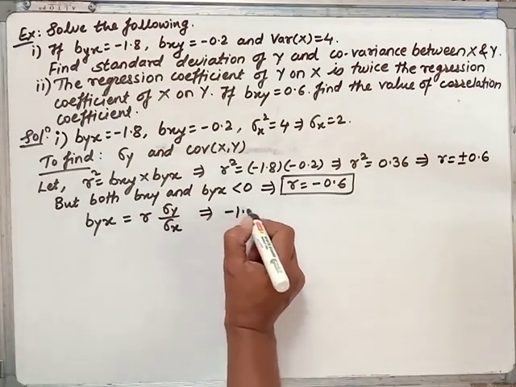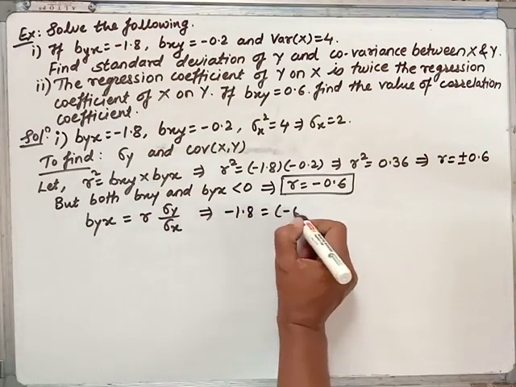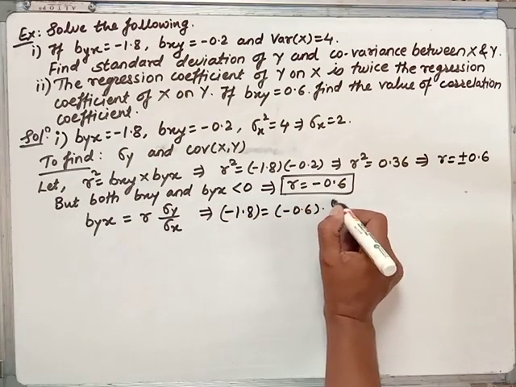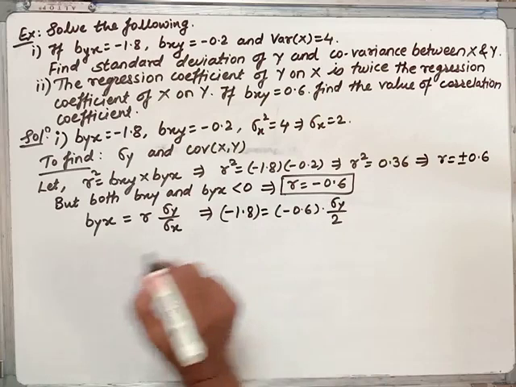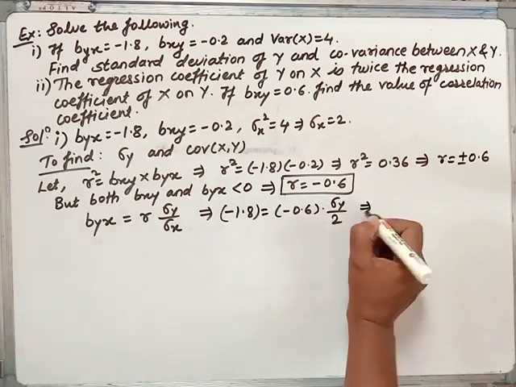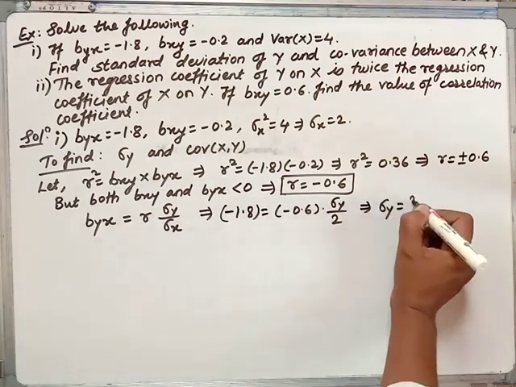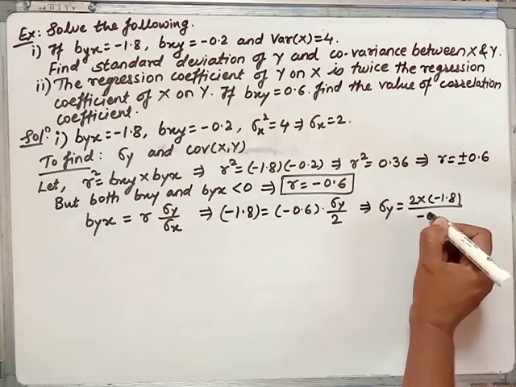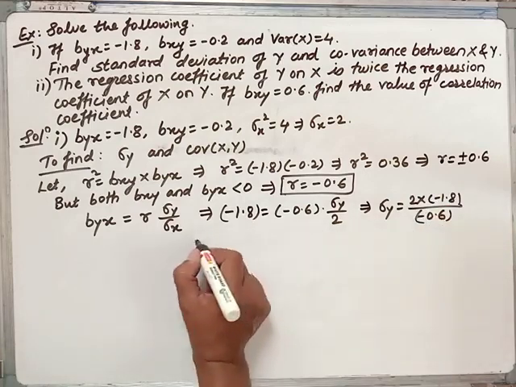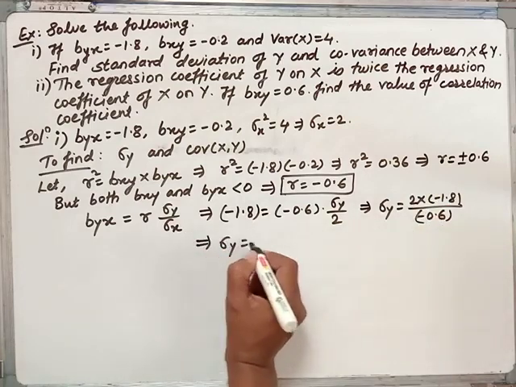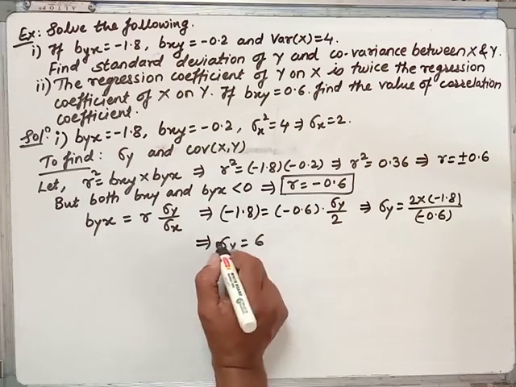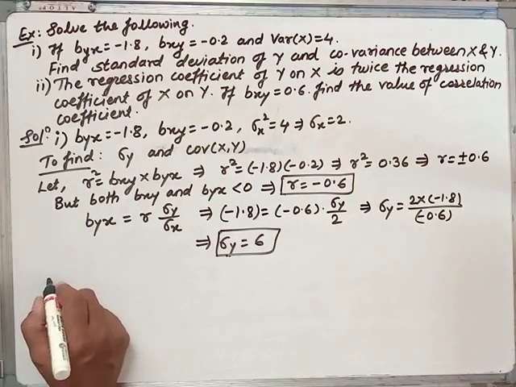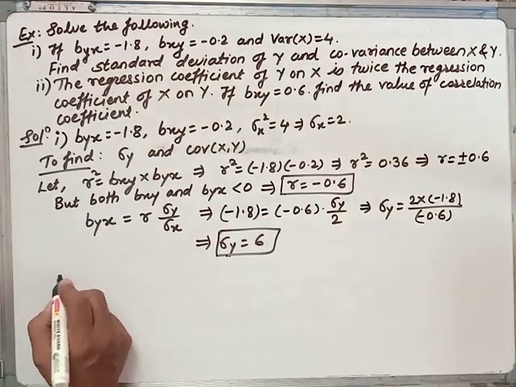So minus 1.8 is equal to, this is minus 0.6, into sigma y we have to find, sigma x with us is 2. So what does this give? Sigma y is equal to 2 into minus 1.8 upon minus 0.6. So simplifying it, we get sigma y is 6.